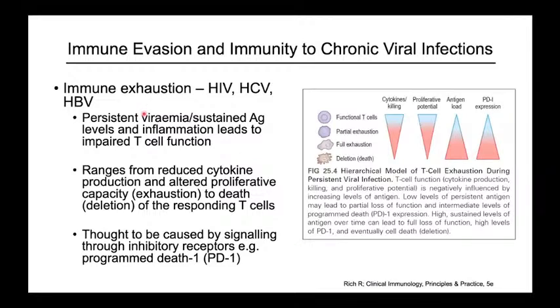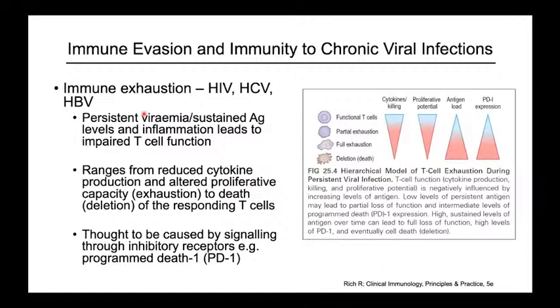The other aspect of immune evasion is when you have persistent infection with some viruses, there's always a load of virus within the circulation. So persistent viremia, which just causes some sort of persistent inflammation, which with time leads to impaired T cell function.